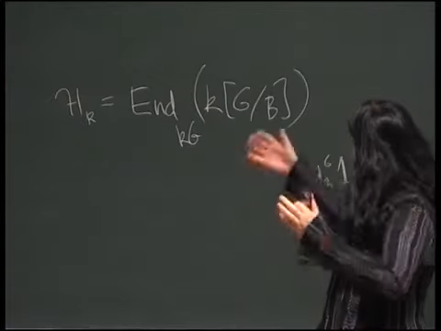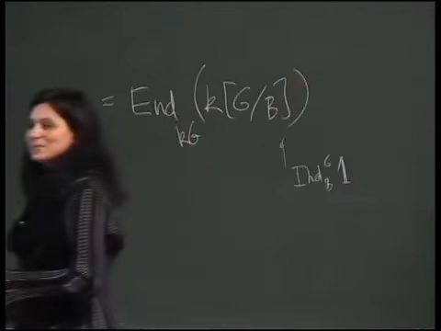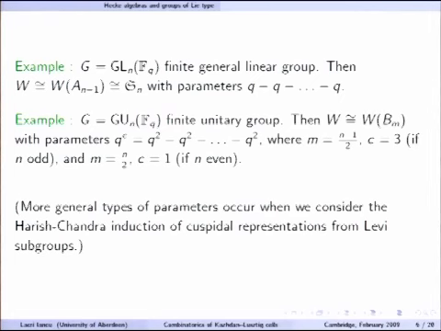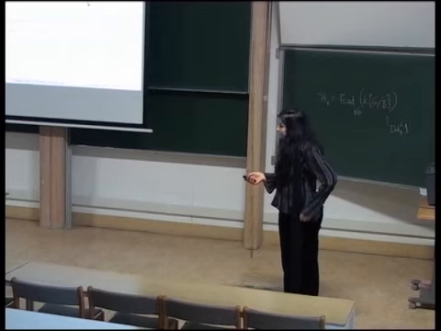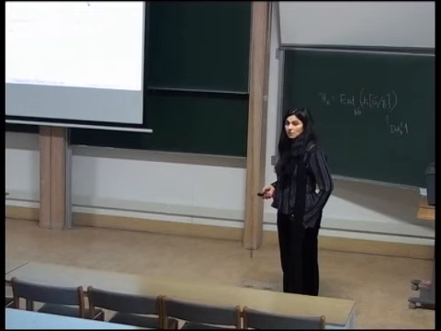What you do, you have many other Hecke algebras occurring, and in particular, more general types of parameters occurring there. Okay. So this would be some motivation for studying the representation theory of those Hecke algebras at all.